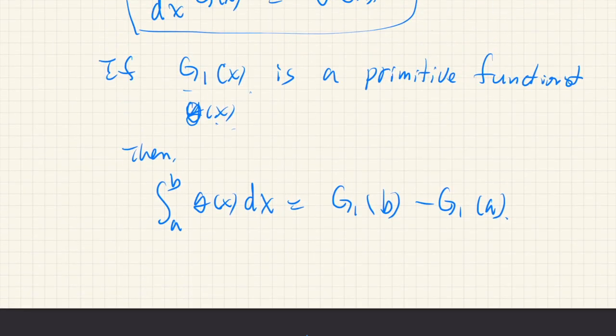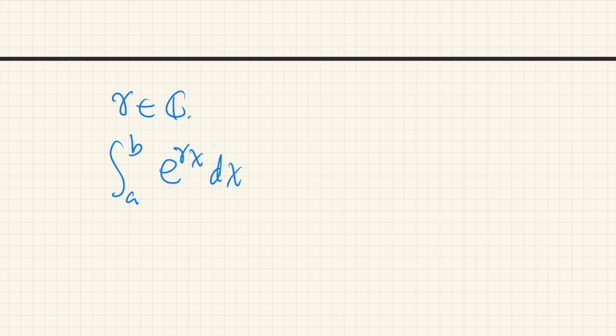So here's an example. Okay, so let gamma be any complex number. And let's integrate this exponential of gamma x. Then we have, so this can be integrated just like any real valued function, as if this gamma is a real number.